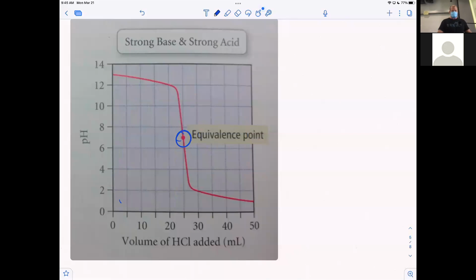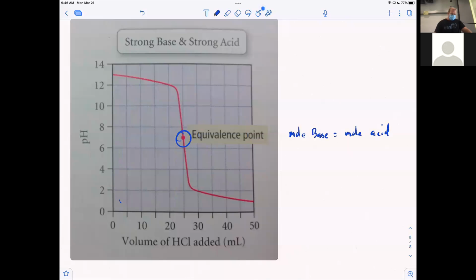Inflection point still at 7, and the equivalency point, that's where the moles of acid, or in this case moles of base, equals the moles of acid. So the number of base particles equals the number of acid particles, and at the equivalency point at 7, it means that they've all destroyed each other and there's no more acid or base on either side.